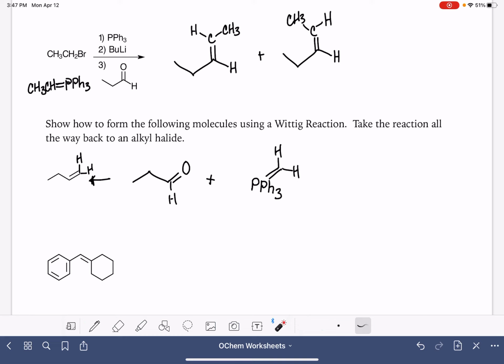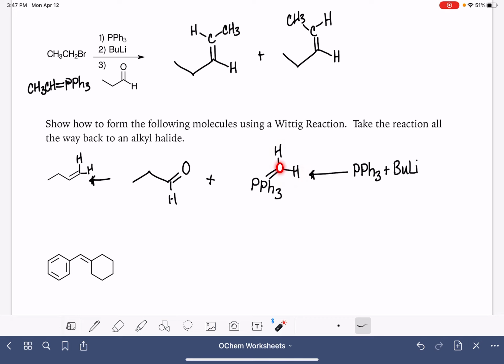Now this problem did specifically say to take it all the way back to an alkyl halide, which means we're trying to replicate this sort of thing right here. So I want to show how this guy gets formed. This guy gets formed between PPh3 and butyl lithium, BuLi, which is the base that helps this reaction occur, and then some sort of alkyl halide coming from the carbon portion of the Wittig reagent.